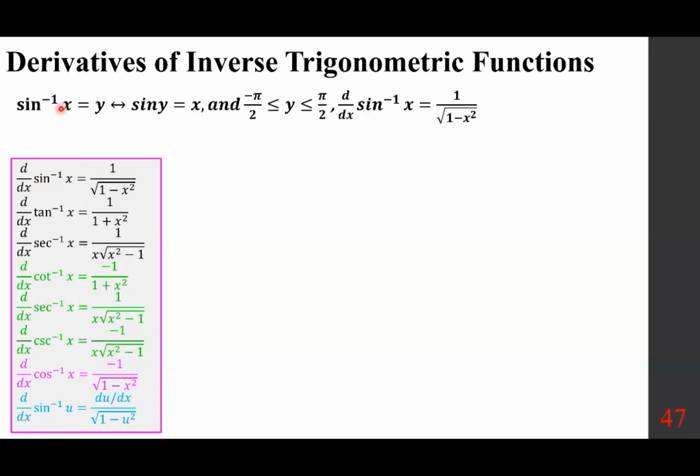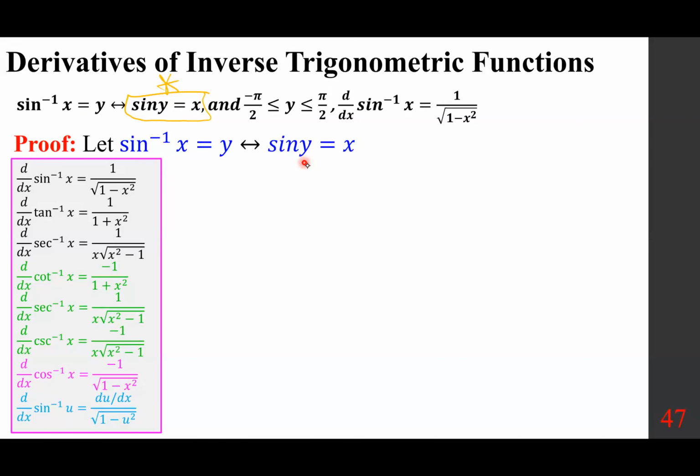Now, let's look at the proof. In order to differentiate this, I'm going to look at its definition. So when sine inverse of x is y, by definition, sine y equals x. If I want to differentiate this, I'm going to differentiate it implicitly.